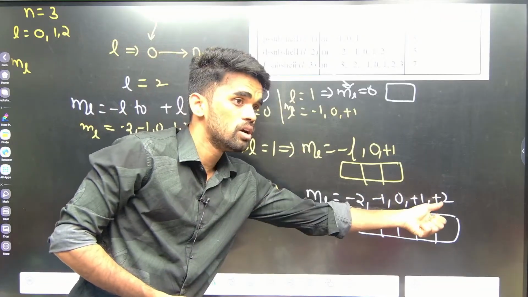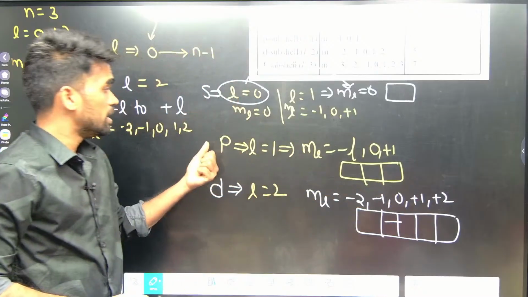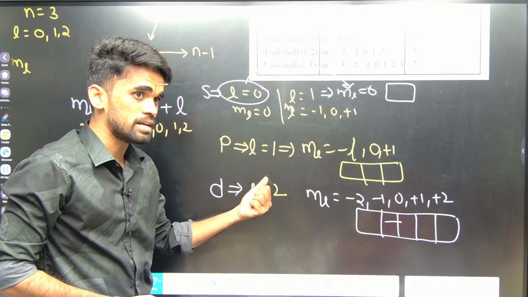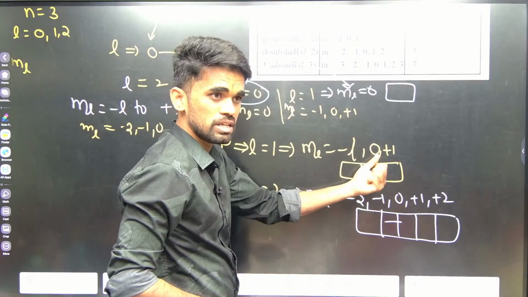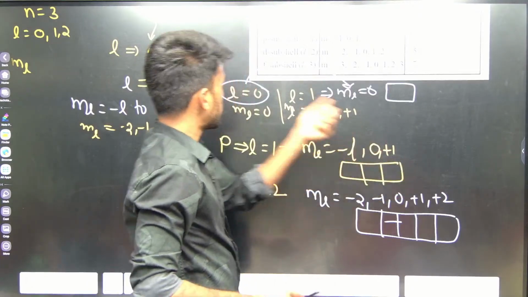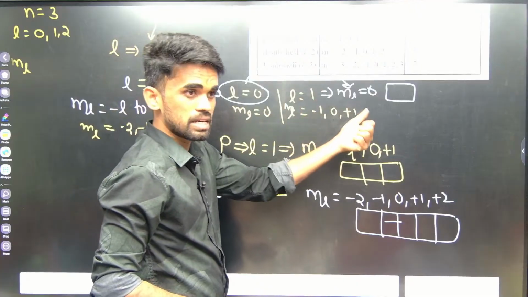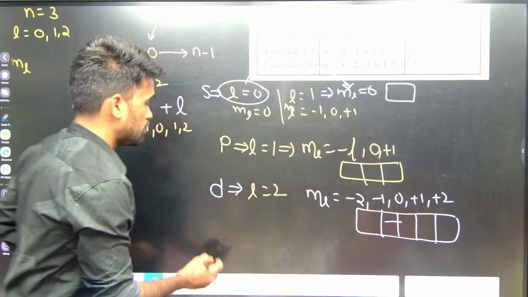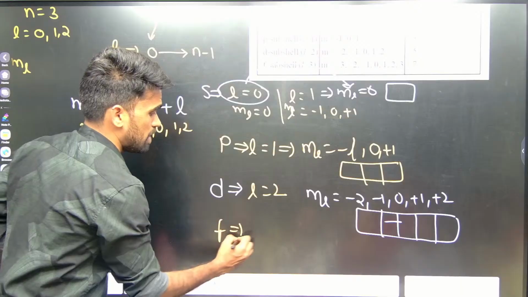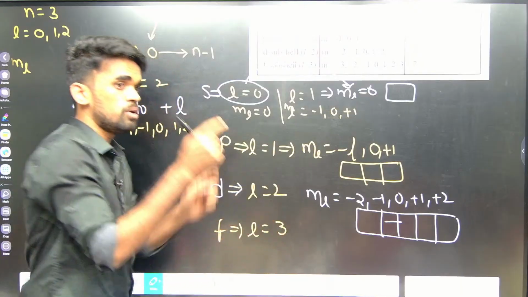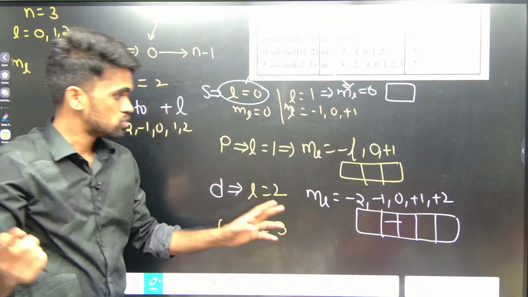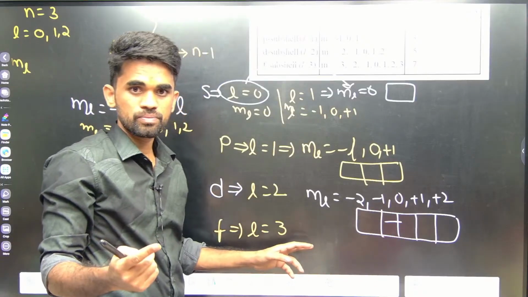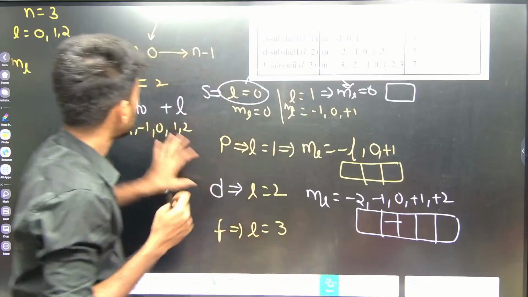In the p subshell, how many orbitals are there? Px, Py, Pz, which are minus 1, 0, plus 1. And in the s subshell? 1. Similarly for F, what is the L value? 3. So minus 3 to plus 3, how many will you get? 7. So you write 7 boxes for that. Okay, like that.